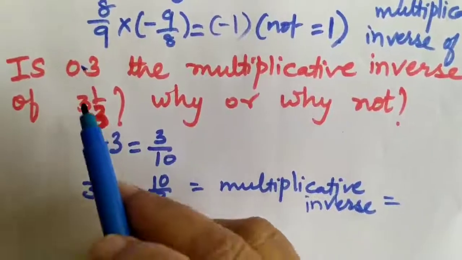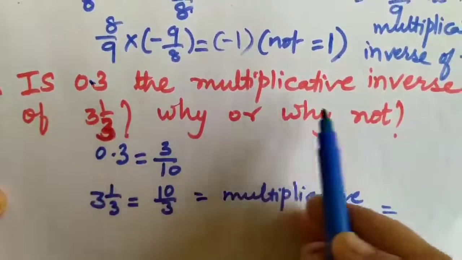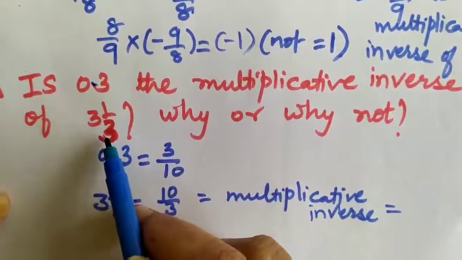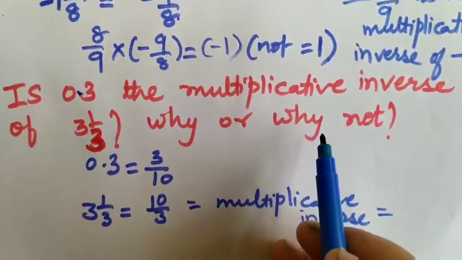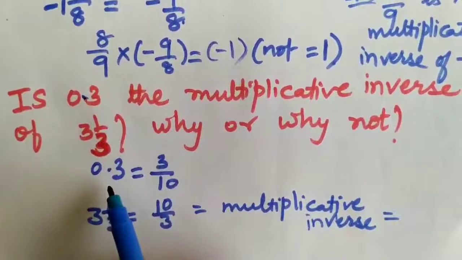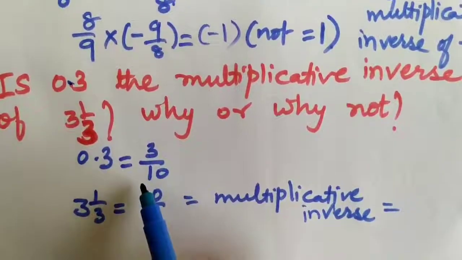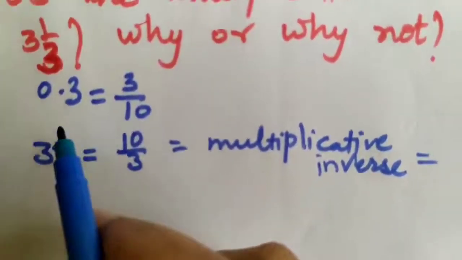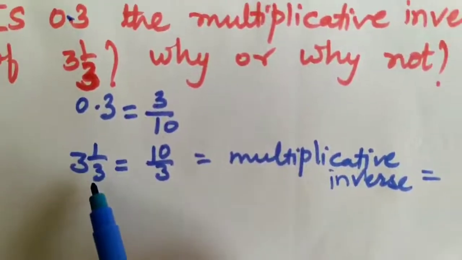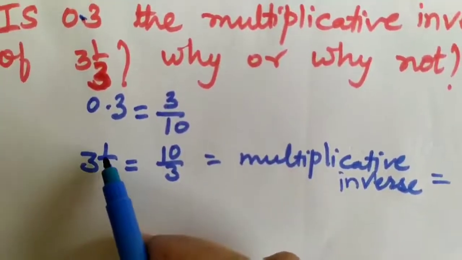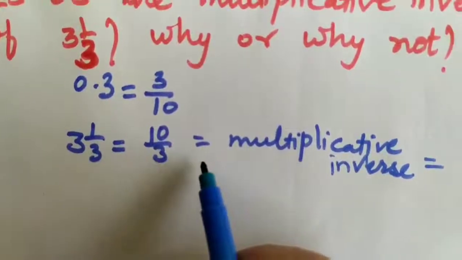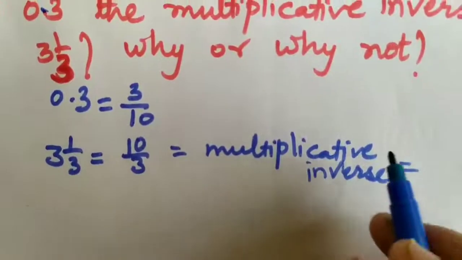Question number 9. Is 0.3 the multiplicative inverse of 3 integer 1 upon 3? Why or why not? Now let us find the value of 0.3 first. 0.3 equals 3 upon 10. After the point, that is 1 digit. Now 3 integer 1 upon 3. 3 threes are 9 and 9 plus 1 is 10. So 10 upon 3, and its multiplicative inverse is 3 upon 10.